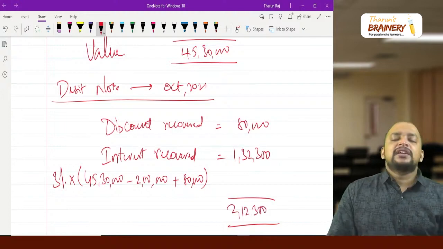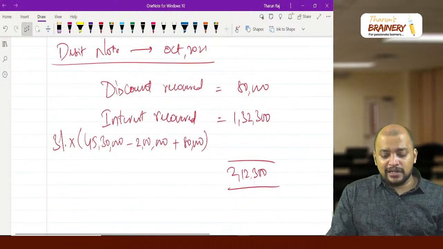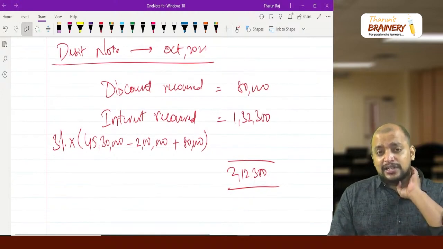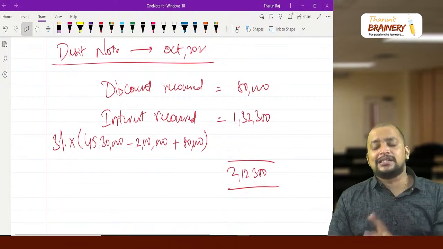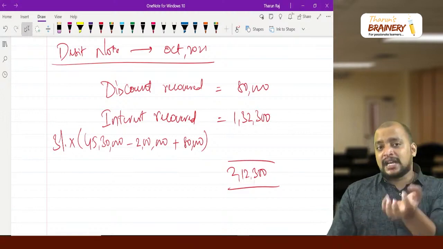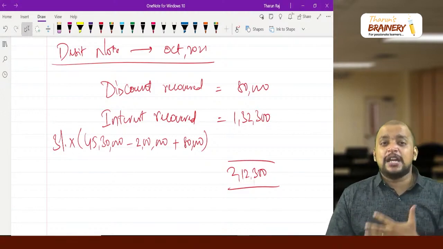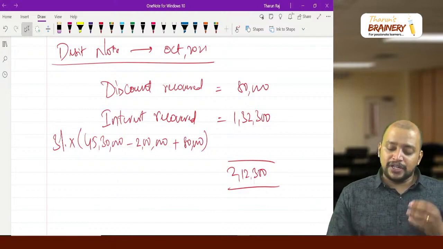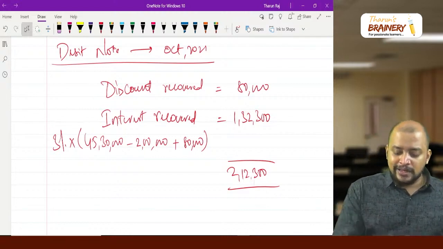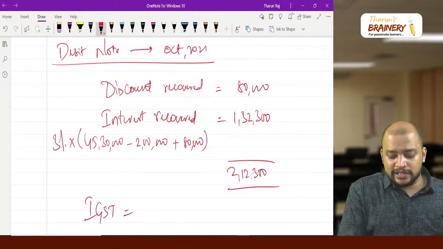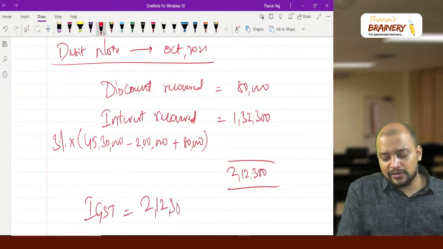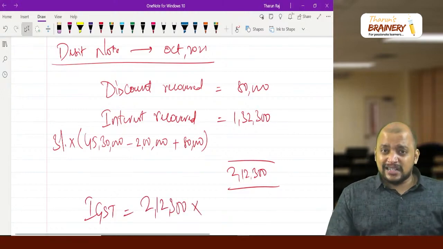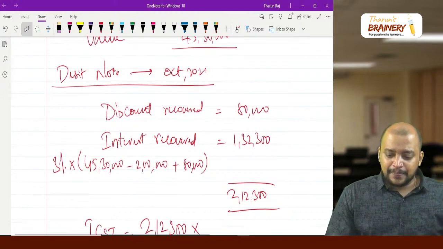I told you, in the absence of information, whatever interest, late fee or penalty or any other amount is recovered from the recipient on account of delay in receipt of consideration, we need to take it on an inclusive basis. So what will be the IGST on this? 2,12,300 into the rate applicable to the product.